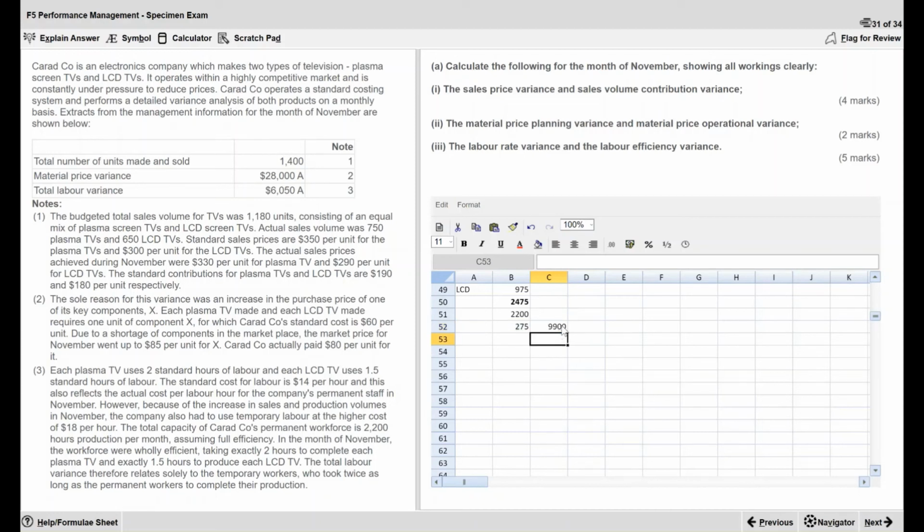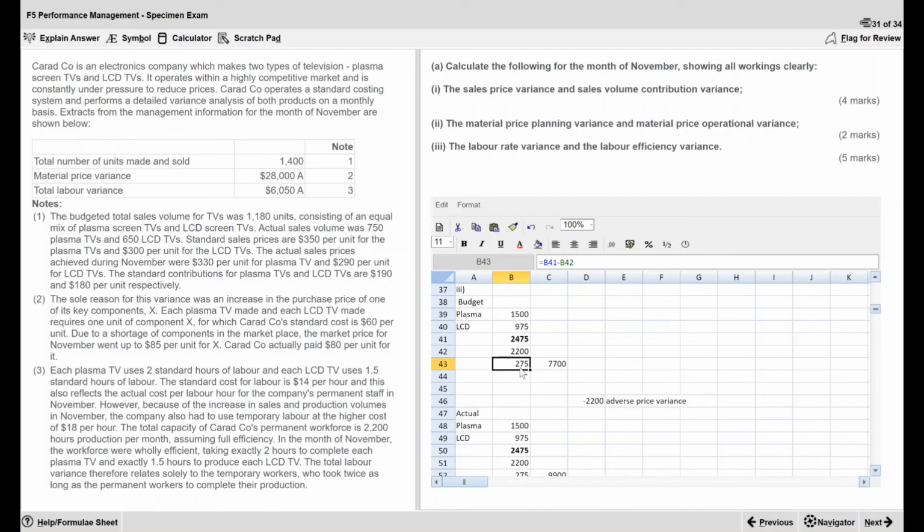Multiply by 18. The difference is the variance. So adverse price variance. Okay, remember we need 275 extra hours.